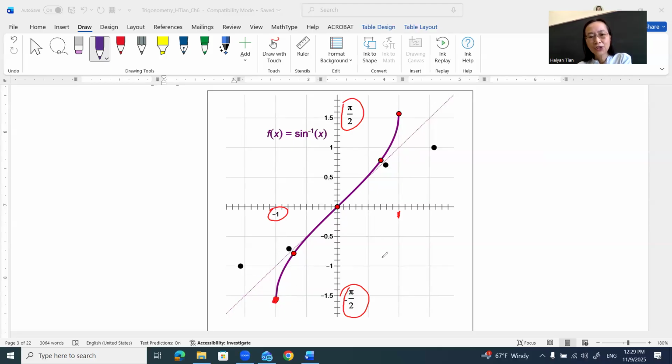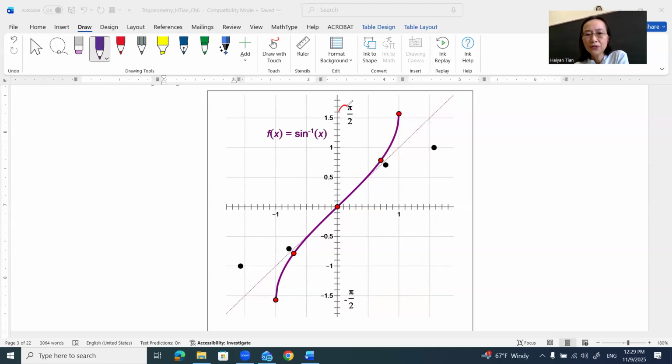So from this picture, you can see that when you put a 1, you're trying to say, okay, what is the radian measure, what is that real number whose sine value is 1? It's pi over 2.